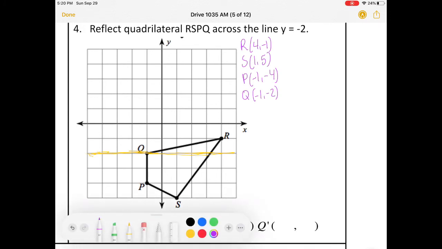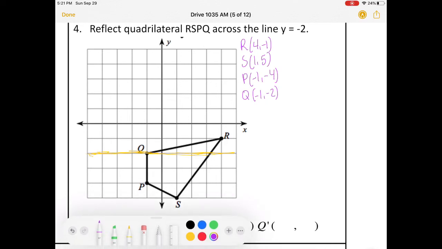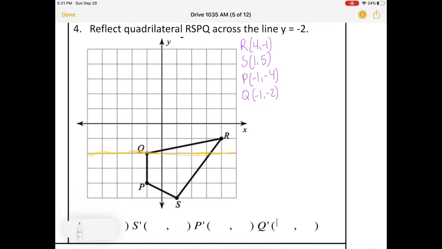So think, is that a horizontal, like an x-axis reflection, or is it vertical, like a y-axis reflection? This one is in line with the x, so that's a horizontal or an x-axis flip, meaning our x's are going to stay the same and our y values are going to be the opposite, okay? So I can start with that.